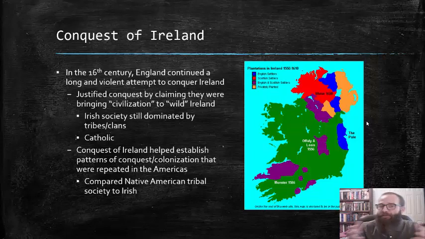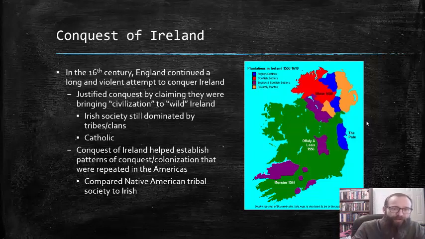Now, Ireland at the time was still very much dominated by various tribes and clans, and really had that sort of social structure going on. And they were predominantly Catholic, which of course to the emerging Protestant England was a problem.